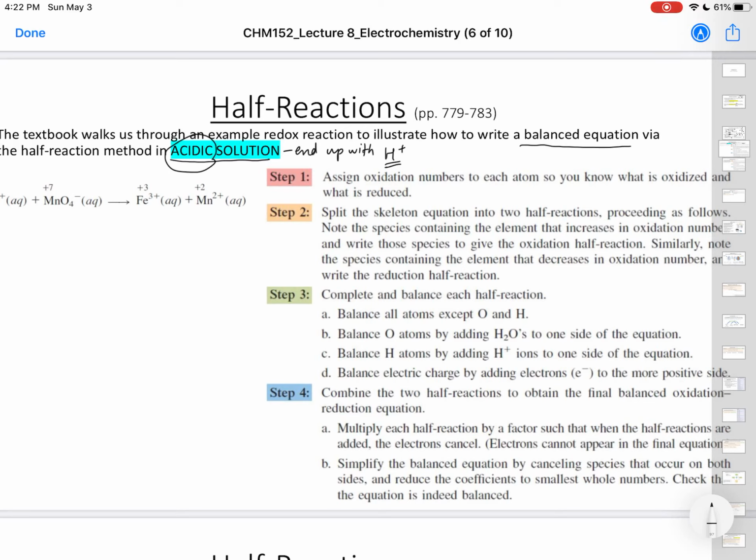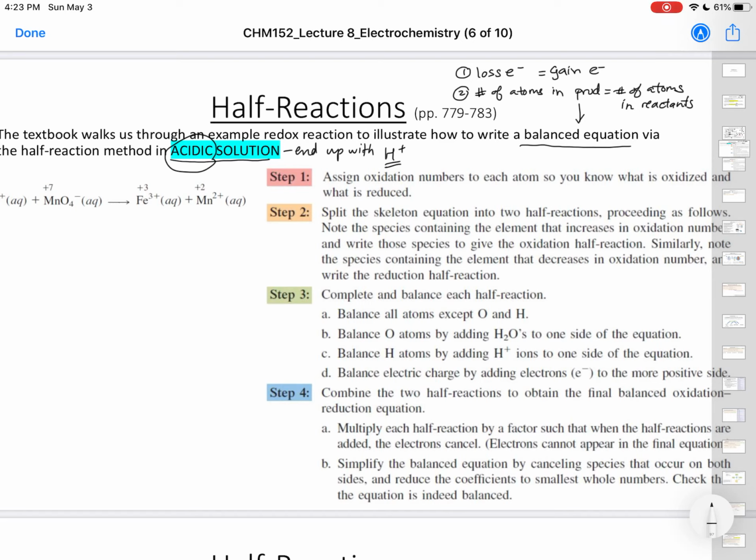And remember, we know it's balanced because 1, loss of electrons is going to equal the gain of electrons, and 2, the number of atoms in products and reactants are the same. So if you have 10 hydrogens on the reactant side, you must have 10 hydrogens on the product side, and so on and so forth.